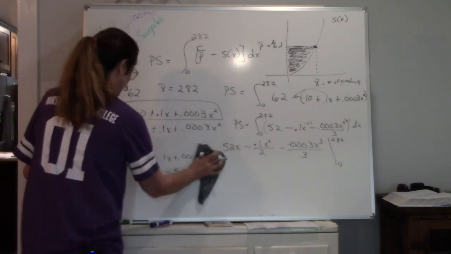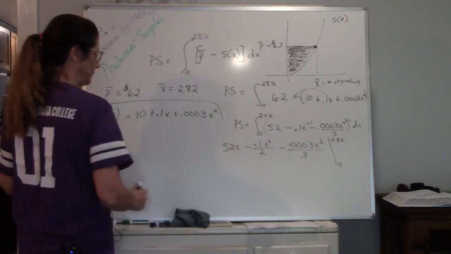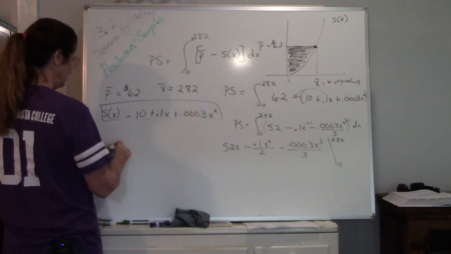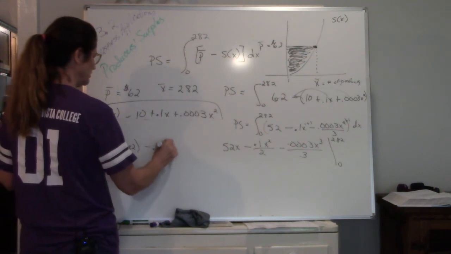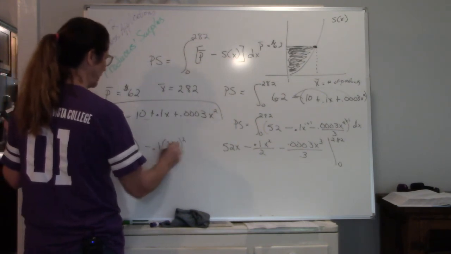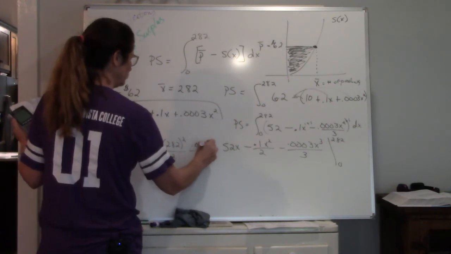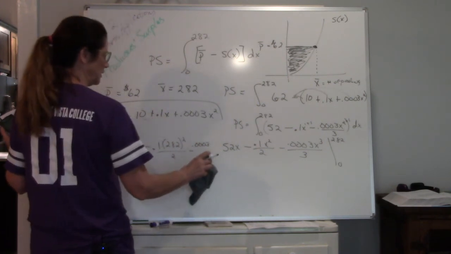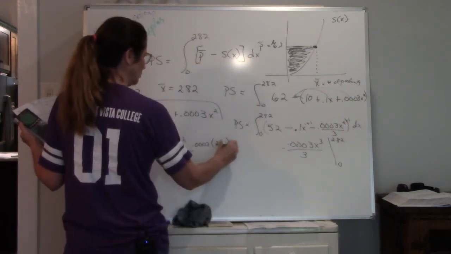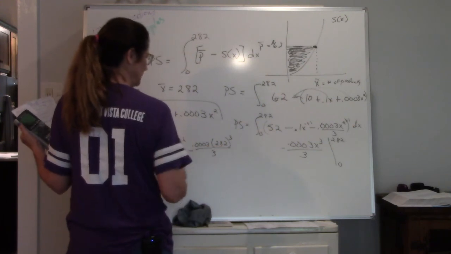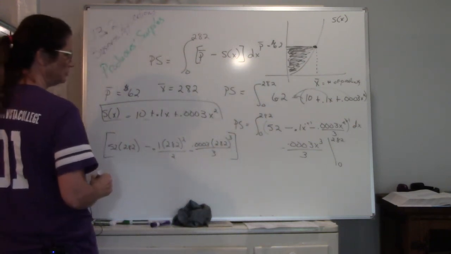Okay, so I'm going to need to make more room down here. So 52 times 282 minus 0.1 times 282 squared divided by 2 minus 0.0003 times 282 cubed divided by 3. So that is when I'm using 282.